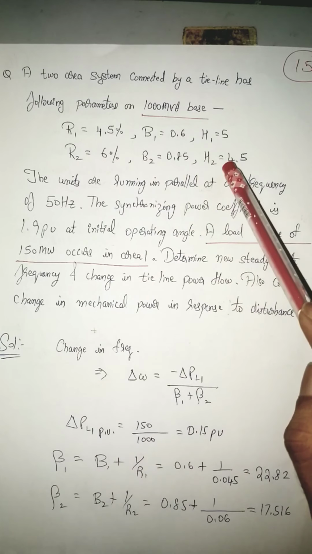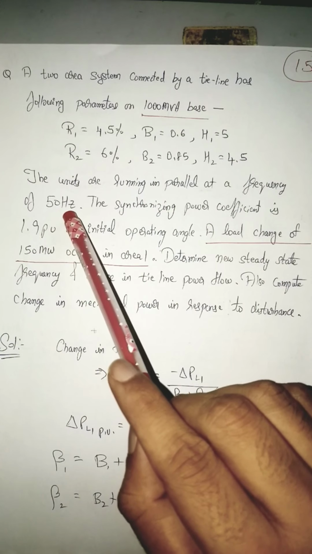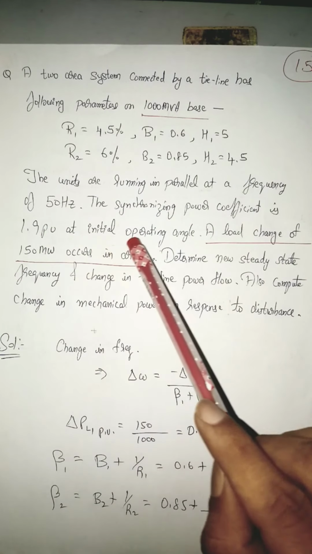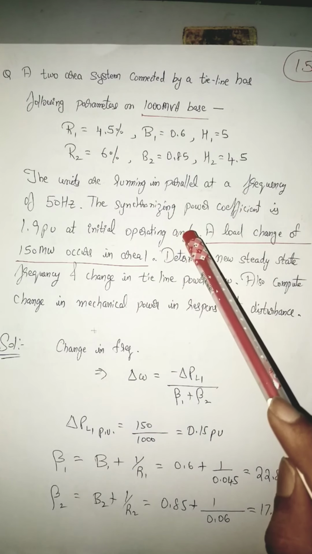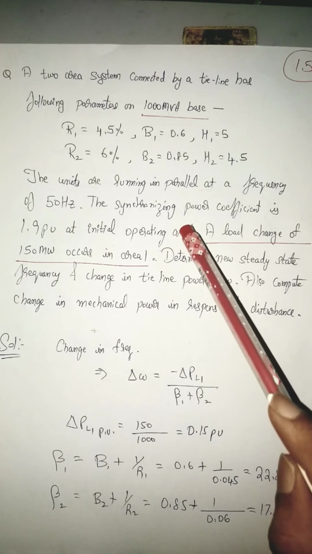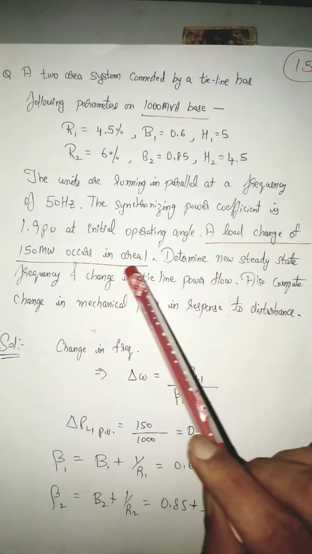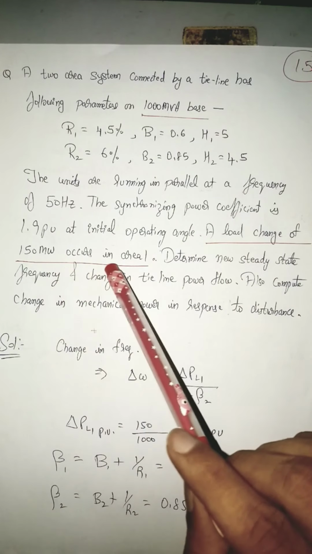Similarly, R2, B2 and H2. Units are running in parallel at a common frequency of 50 Hz. Synchronizing power coefficient is 1.9 per unit at initial operating angle. Later on I'll tell you what the synchronizing power coefficient is, which is denoted by PS. Now here, a load change of 150 MW occurs in area 1. There is an increase in demand by 150 MW in area 1.